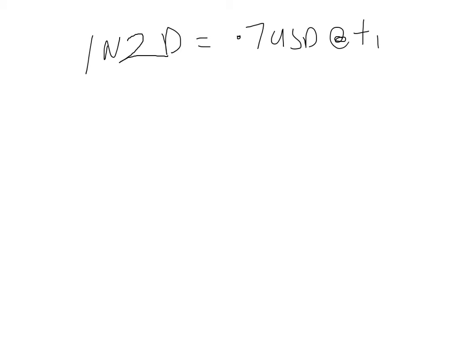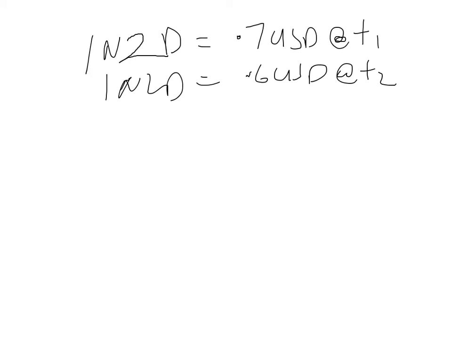Right, so I can't go back to have a look at where we were. Okay, I think it was something like this, isn't it? That we had 1 New Zealand dollar equaled 0.7 US dollars at T1, and then we had 1 New Zealand dollar equaled 0.6 US dollars at T2.